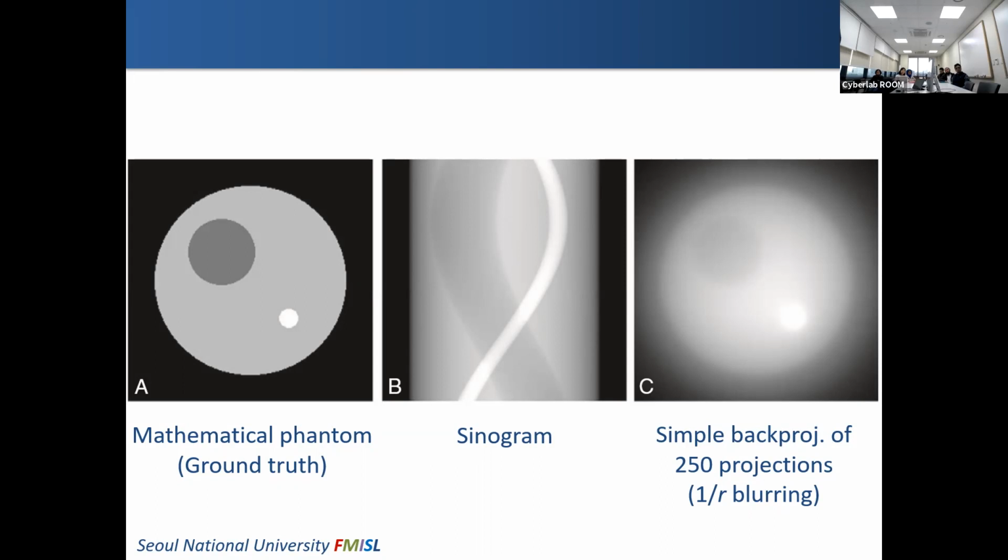The y-axis is the angle and the x-axis is the position. If we generate a back projected image using the same principle as in the previous slide, we get this kind of blurry image. This blurring is the main limitation of simple back projection.